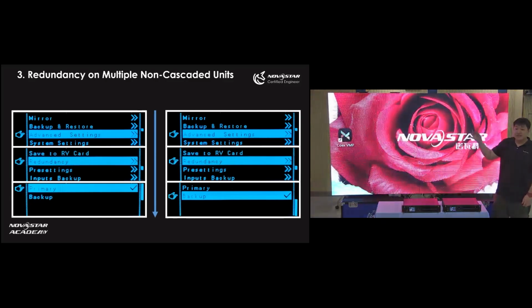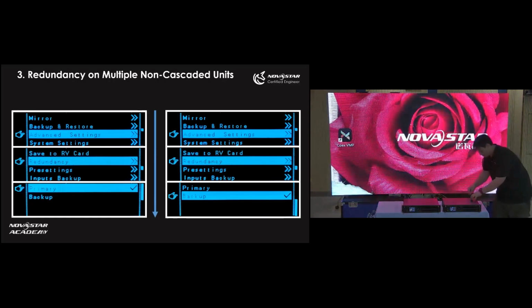And this is backup to the backup device. Okay, the whole system is cool. And now I'm going to unplug the primary ports. It's still working. Now this is the way we set the backup.